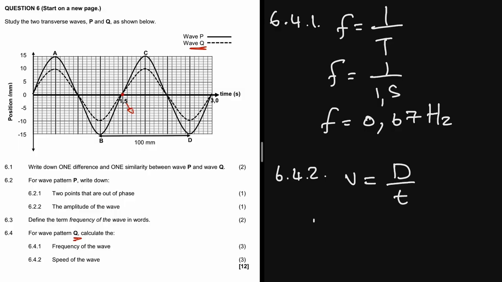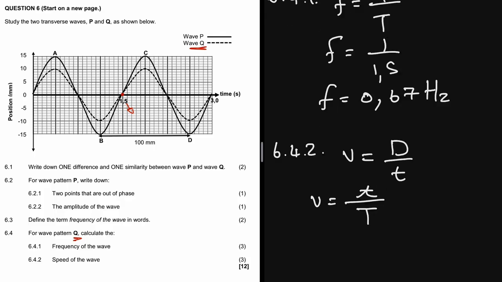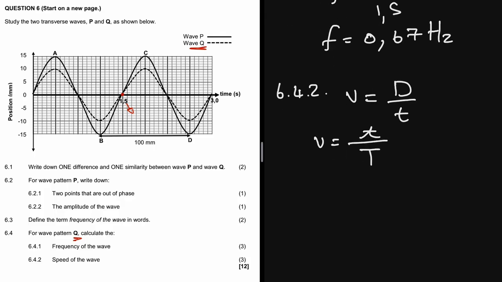But if it happens that we have the wavelength, we're going to say the velocity is the wavelength divided by the period. So if we analyze what we have here in the diagram, we can see we have the distance of 100 millimeters, and this distance is going to be the wavelength, because it is the length it takes to complete 1 wave.